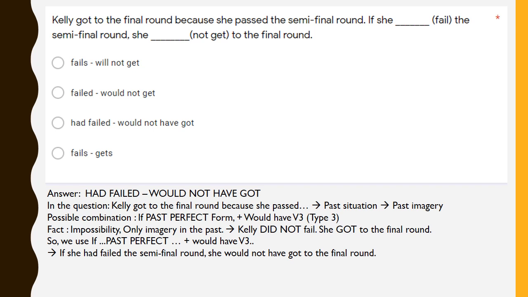Again, the fact is impossibility or only imagery in the past, because the real situation is Kelly did not fail. She got to the final round. So, we use if past perfect combined with would have verb 3. And the answer should be: if she had failed the semi-final round, she would not have got to the final round.